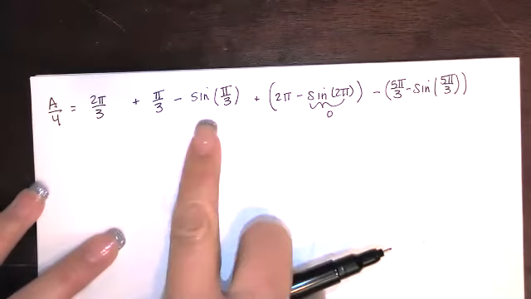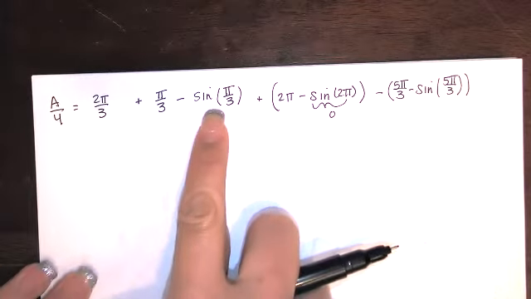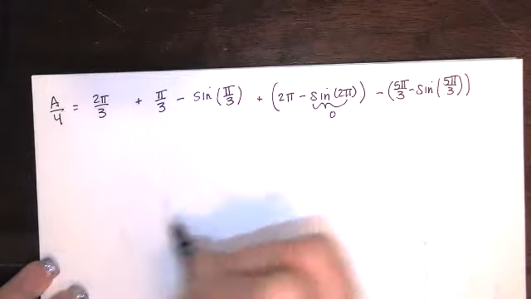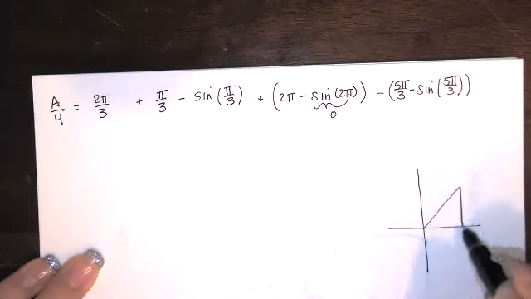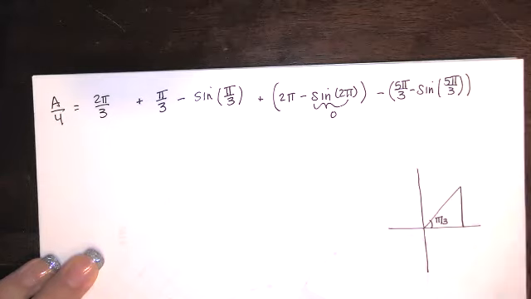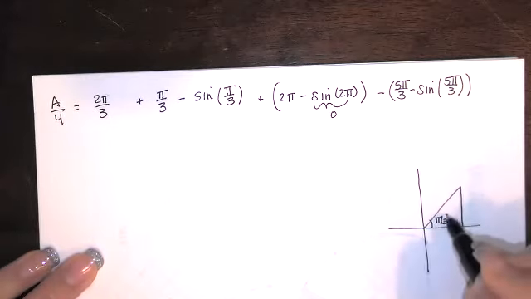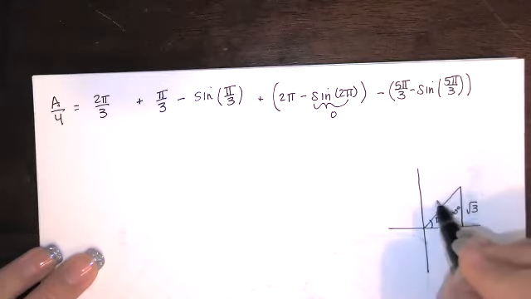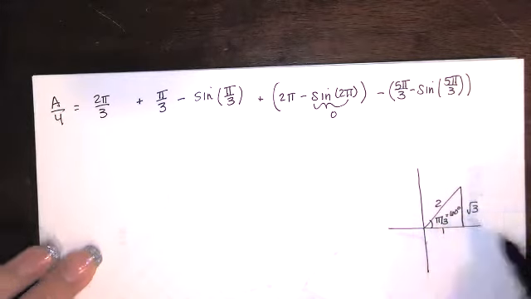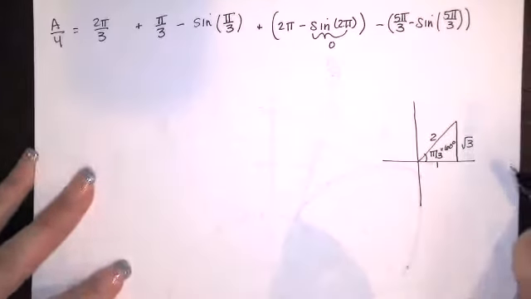Okay, I've got sine of pi over 3. In order to evaluate that, I'll just draw a triangle over here. That angle is pi over 3 radians, or 60 degrees. So that's a 1, 2, square root of 3 triangle, and the side opposite the 60 is square root of 3.